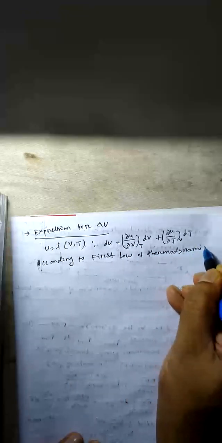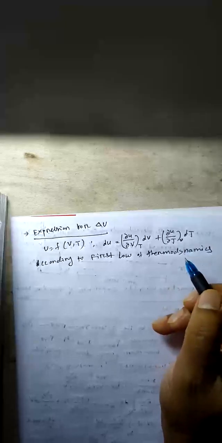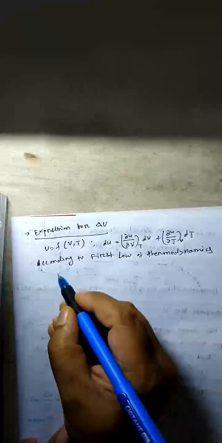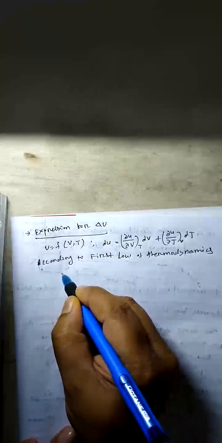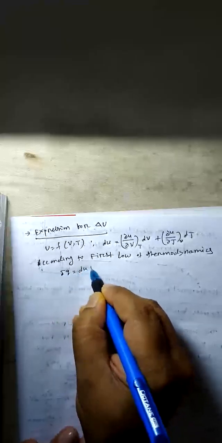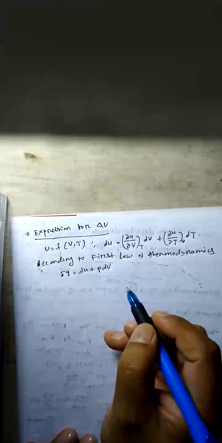According to the first law of thermodynamics, del Q is equal to dU plus P dV.